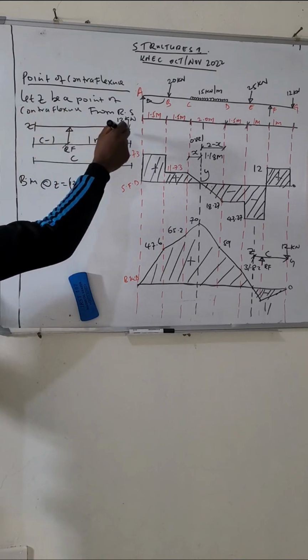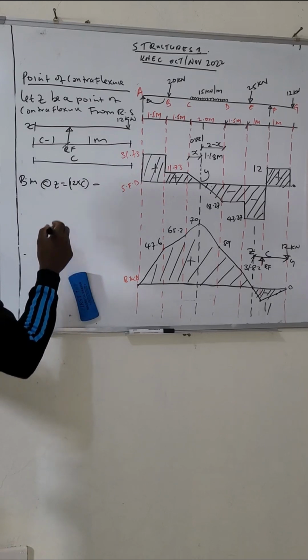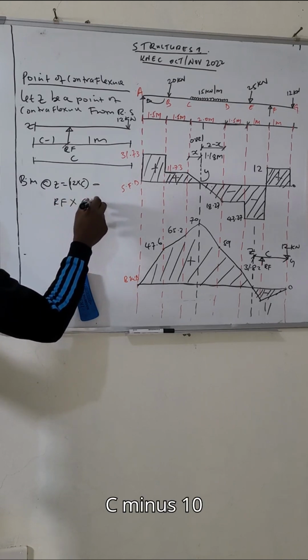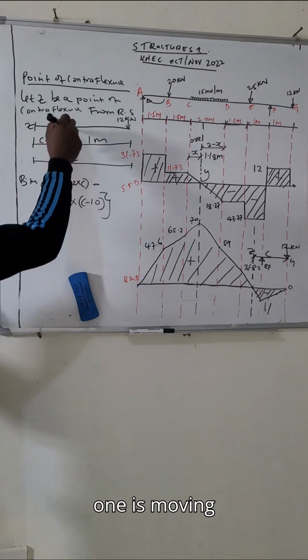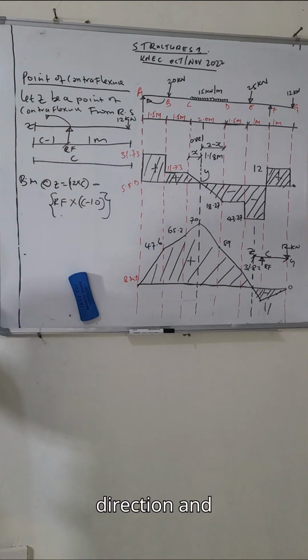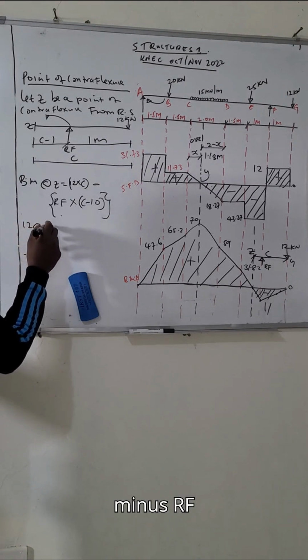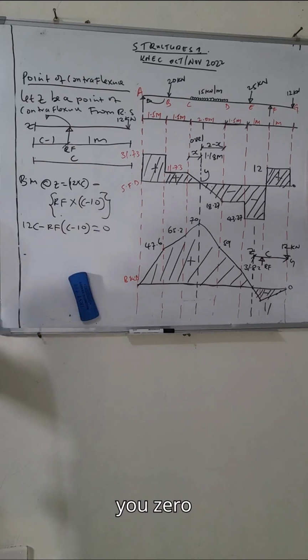This way, that is clockwise, minus RF times C minus 1, because this one is moving in a clockwise direction and the distance is C minus 1. So 12C minus RF times C minus 1 should give you 0, because bending moment at the point of contraflexure is 0.